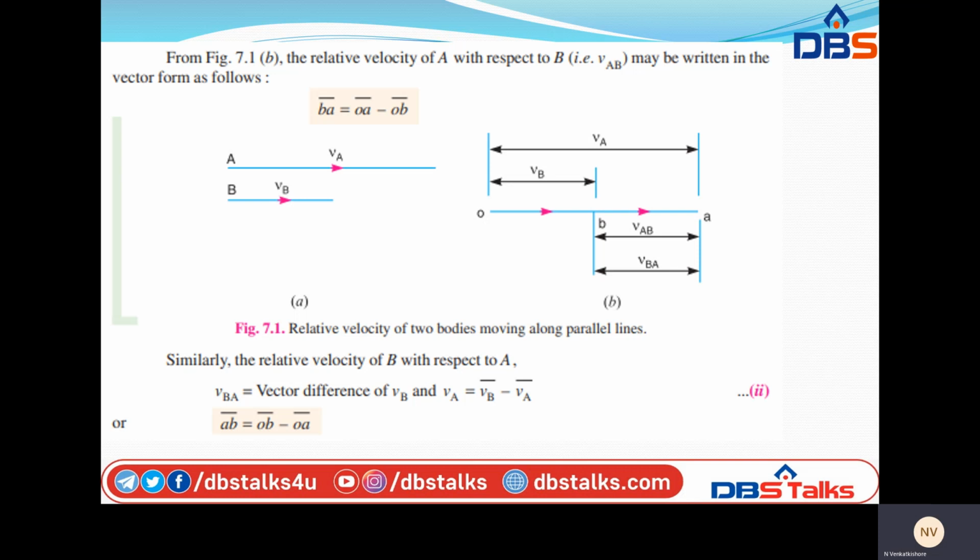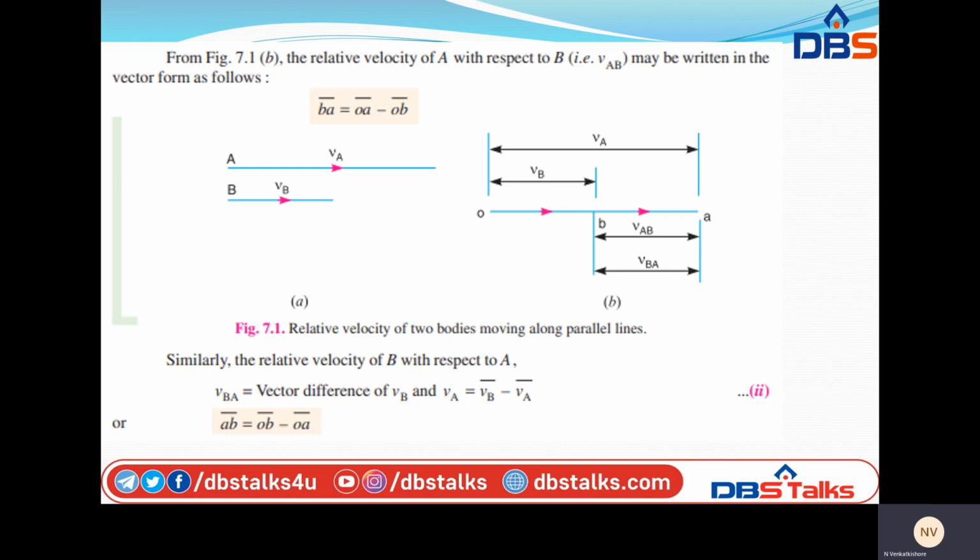Or AB bar equals OB bar minus OA bar. If you see the second diagram, the vector for VA has total length OA, and for the vector VB the length is OB.